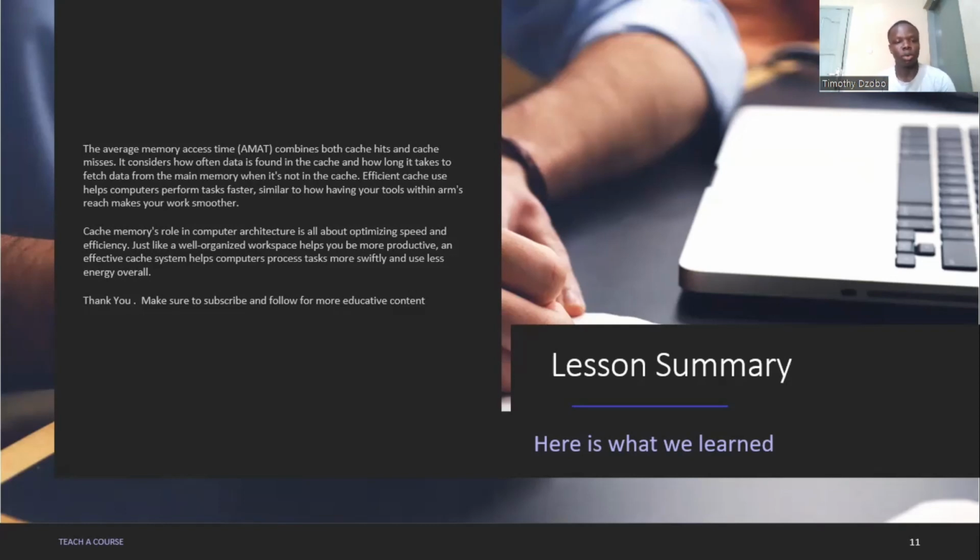The cache's role in computer architecture is all about optimizing the speed and the efficiency of computers, just like a well-organized space helps you to be more productive. An effective cache system helps computers process data faster, and it uses less energy overall.